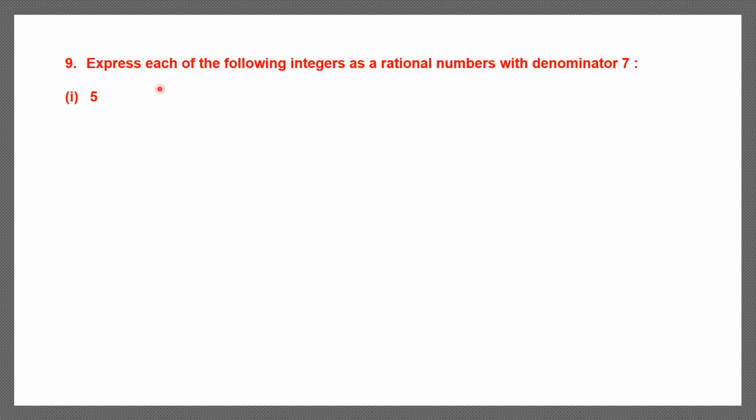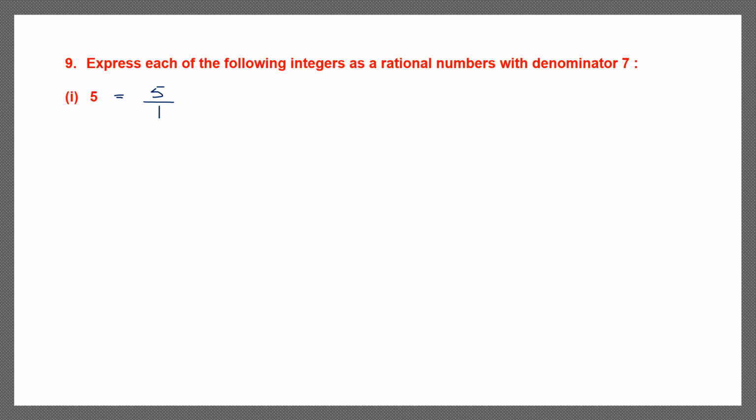Question 9. Express each of the following integers as rational numbers with denominator 7. So the first question that I have here is 5. If I have to write 5 as a fraction first, how do I do it? I say 5 by 1. 5 by 1. So my value of the question 5 has not changed.